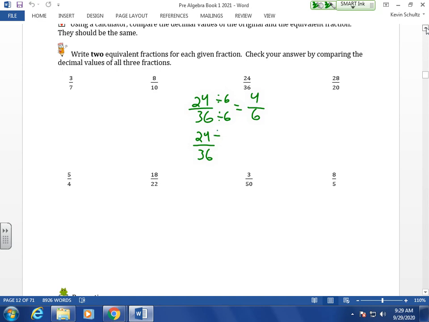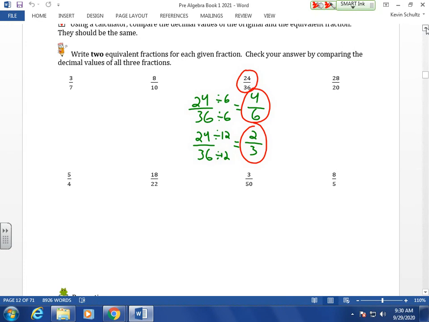That works. 24 divided by 12 is 2. 36 divided by 12 is 3. So we have 4/6, our first equivalent fraction, 2/3, our second equivalent fraction, and 24/36, which was our original fraction.